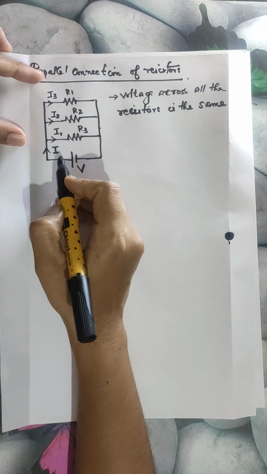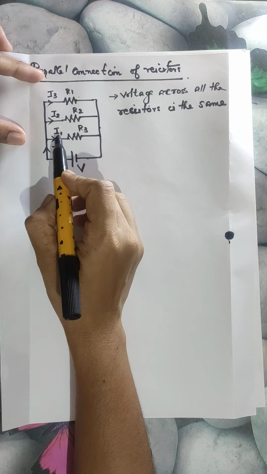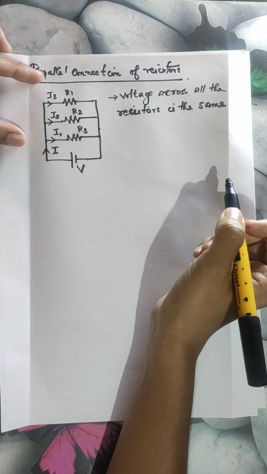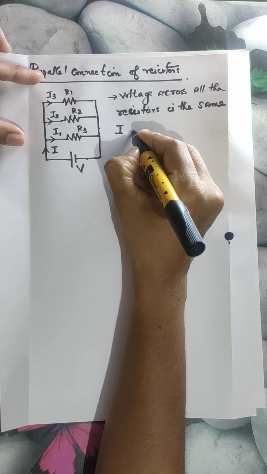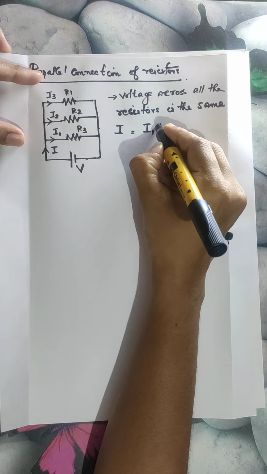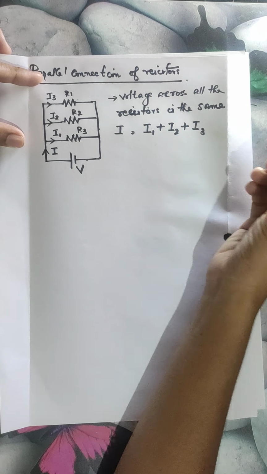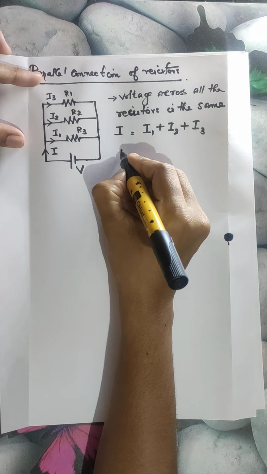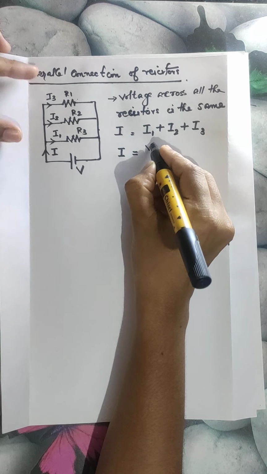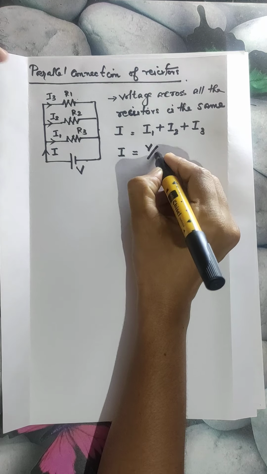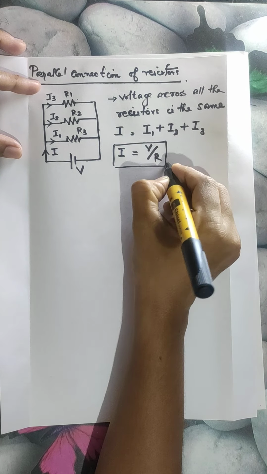So now I have already said that this total current I divides into 3 and flows through the individual branches. So we can write total current I is equal to I1 plus I2 plus I3. According to Ohm's law, we know the equation for calculating the current through a conductor: I is equal to voltage across its terminals divided by resistance of that particular conductor.